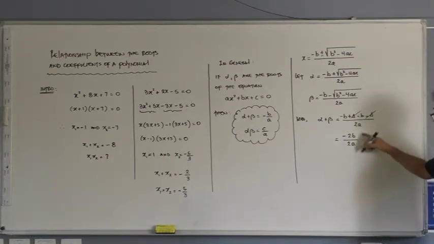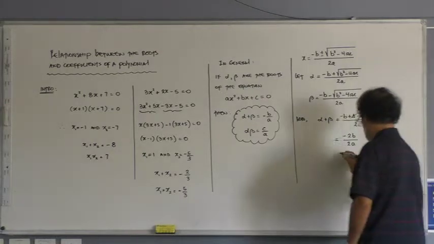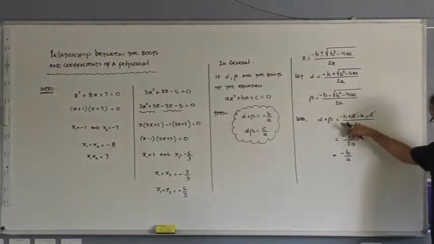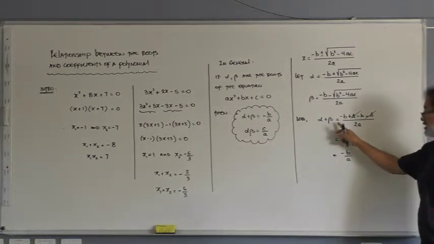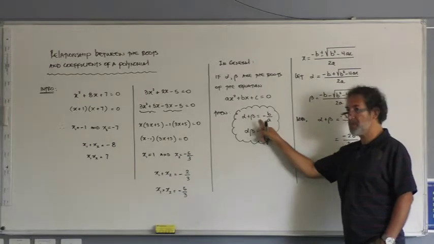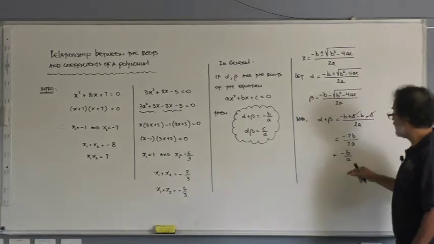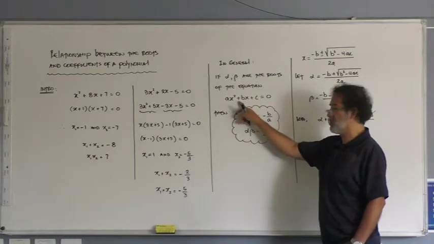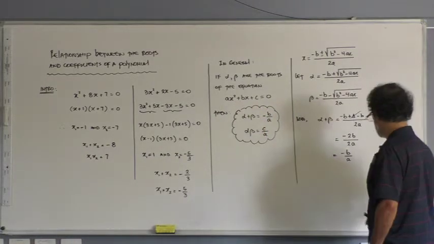When you simplify this fraction, the answer is minus b on a. So the first part is done, and it's correct. When you add the two roots, the answer is always this number over that number with opposite sign.